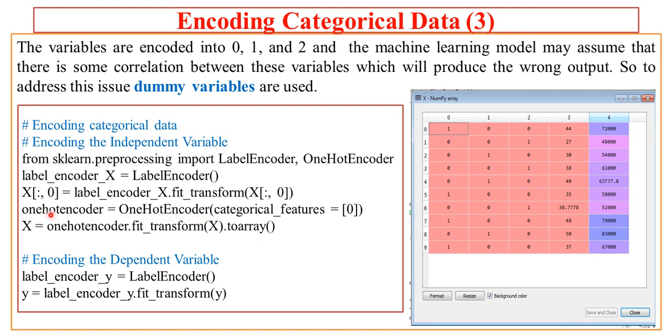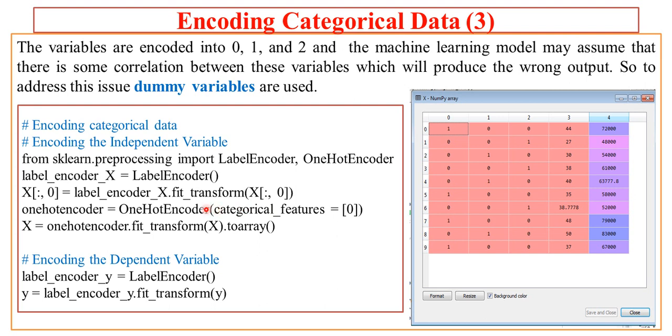Now I have created a one-hot encoder object, and using the one-hot encoder class constructor, I want to create dummy variables for which attribute? The country attribute. Now the country attribute is at what column? Index 0. So I pass one argument to the one-hot encoder, that is called categorical_features.